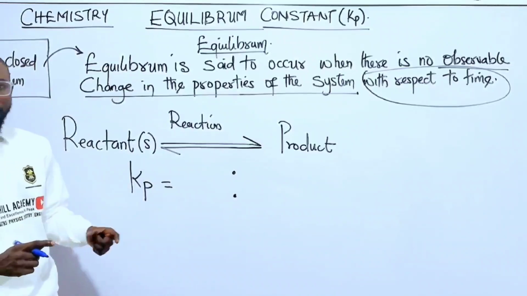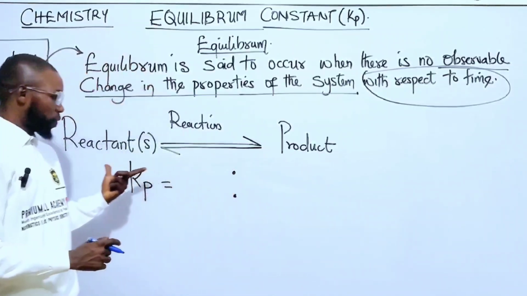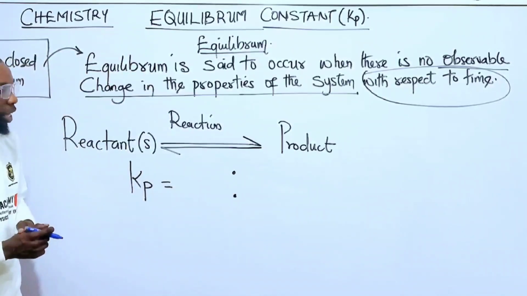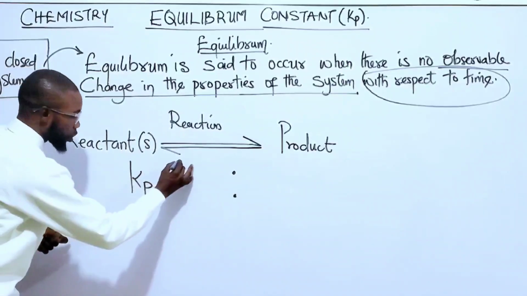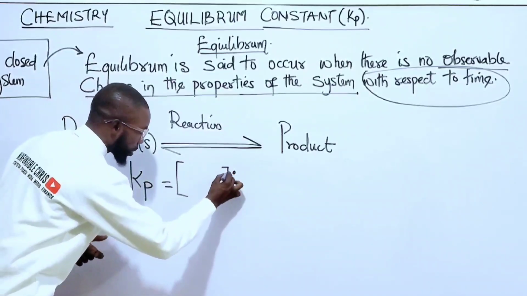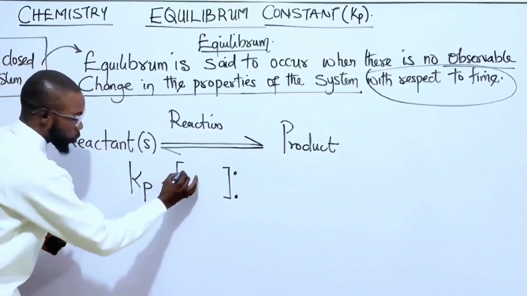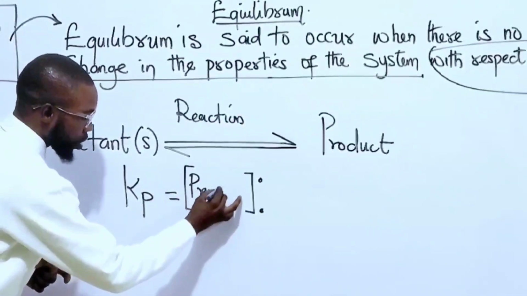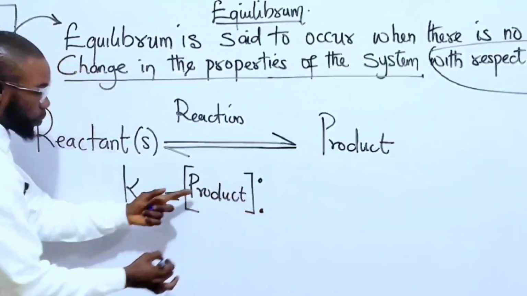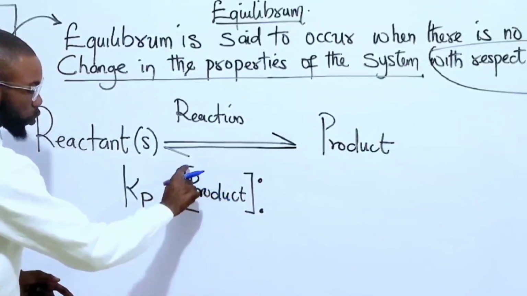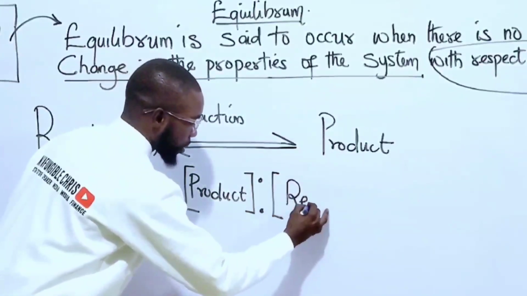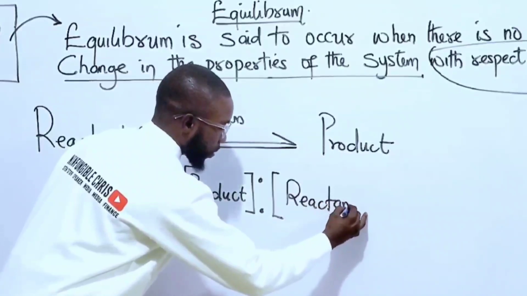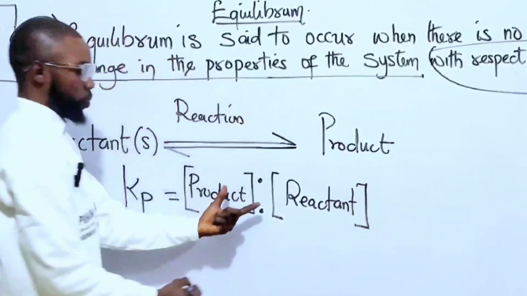Let's assume that the word concentration is simply a square bracket. So we have the concentration, square bracket, of the product to that of the reactant. That's simply what it means.